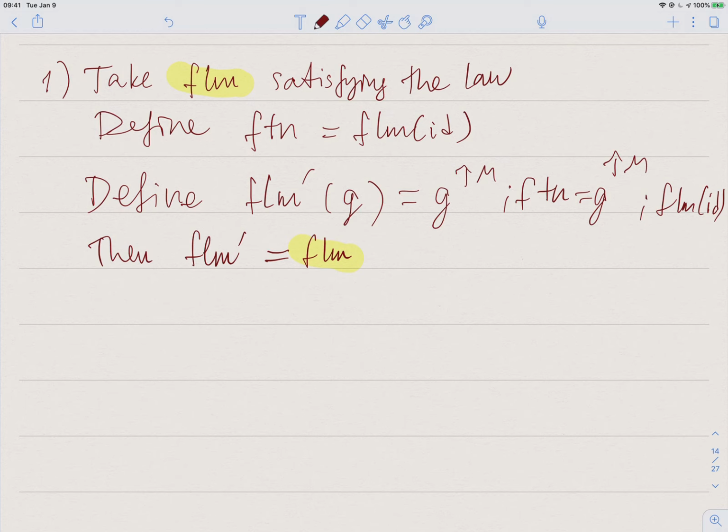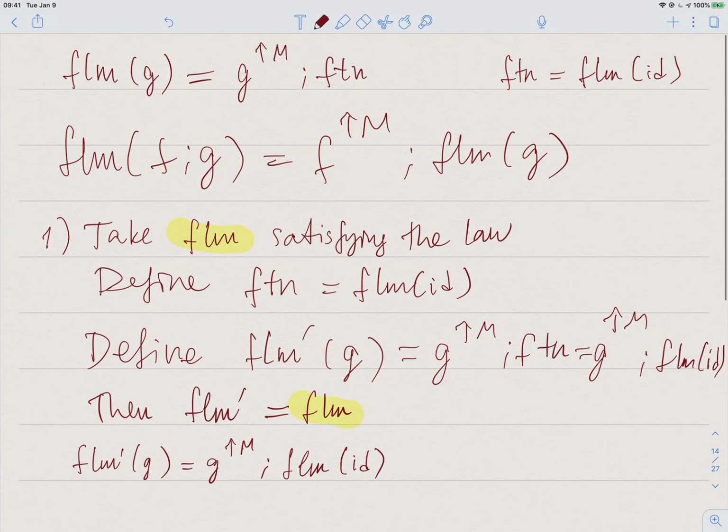How do we show that? Well, let's find out what is flatMap prime of some g. It is g lifted to m, and then the old flatMap of identity. Now if you look at the naturality law, this is like the right-hand side of the naturality law, where instead of g we have identity, instead of f we have g.